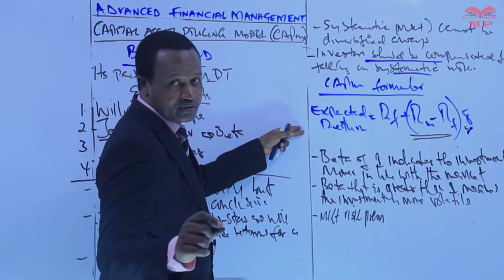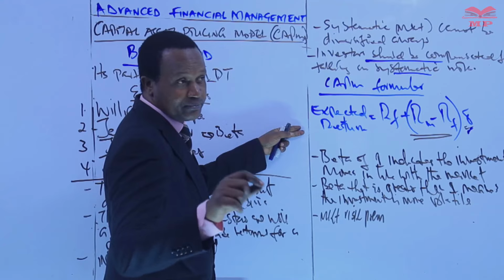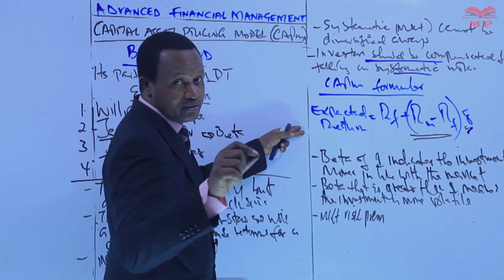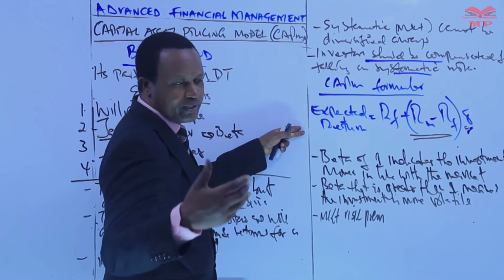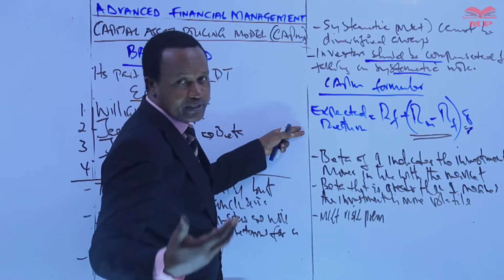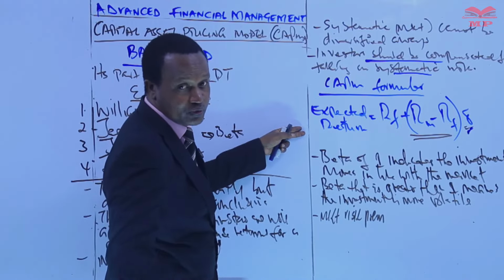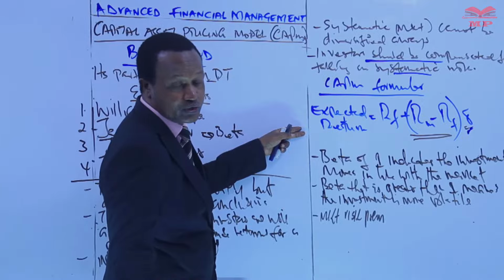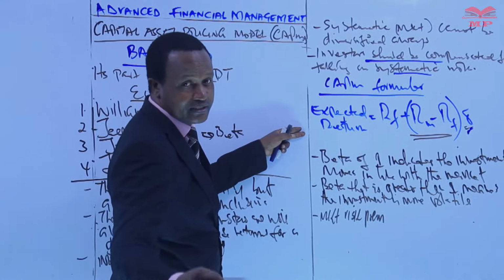Because as simple as it is, and as widely as it is used, it still remains a theoretical model, and it has assumptions which we know may not always hold true in practice, though it remains a valuable tool for understanding the relation between risk and return in the financial markets. So what are the assumptions?